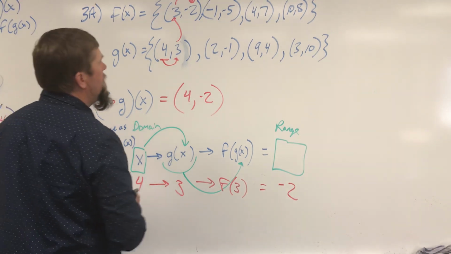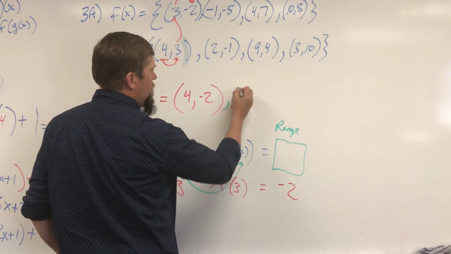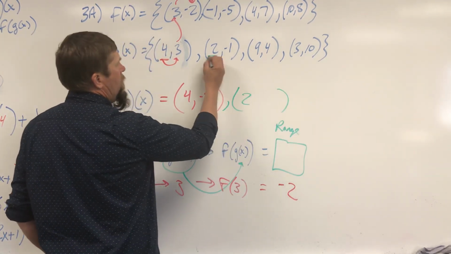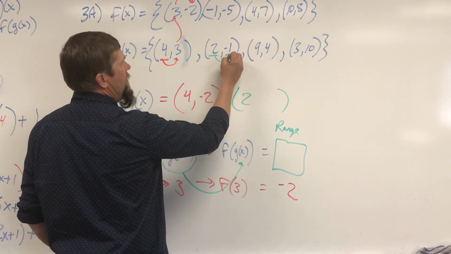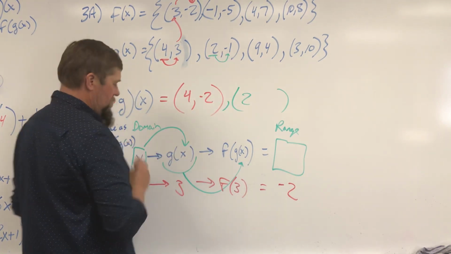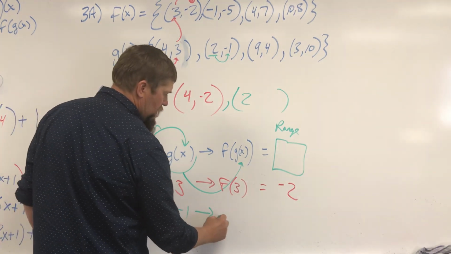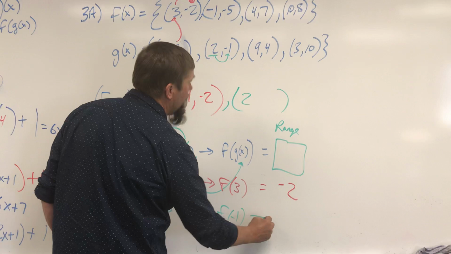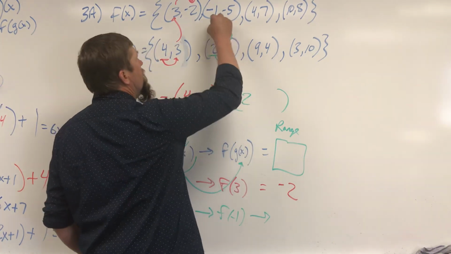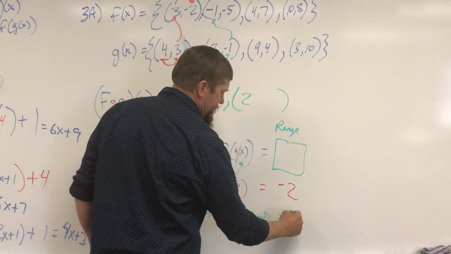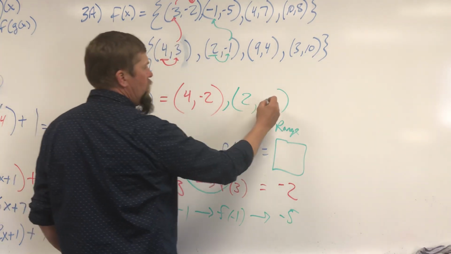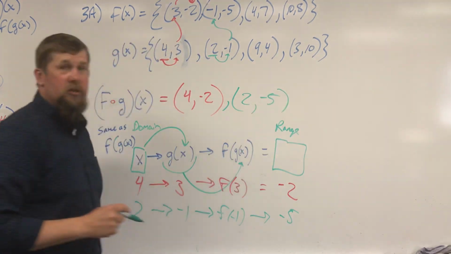Another one starts with 2. It goes to -1. So 2 goes to -1. Then it goes to f of -1, which comes out as -5. So 2 goes in, -5 comes out.